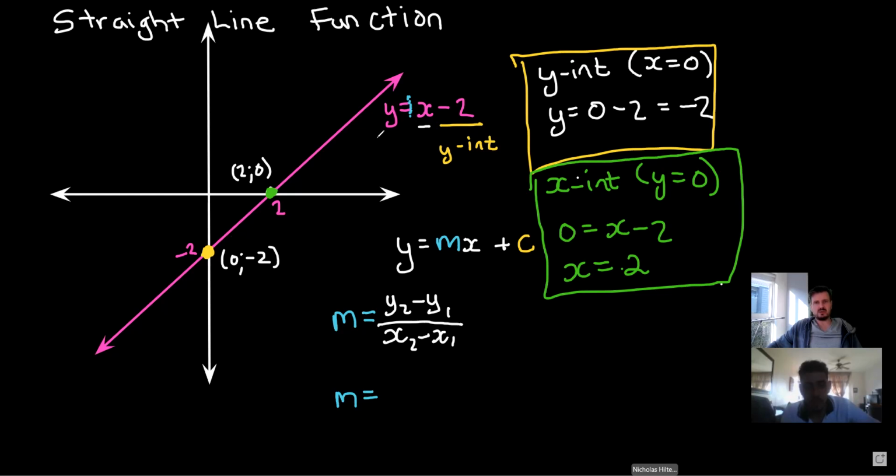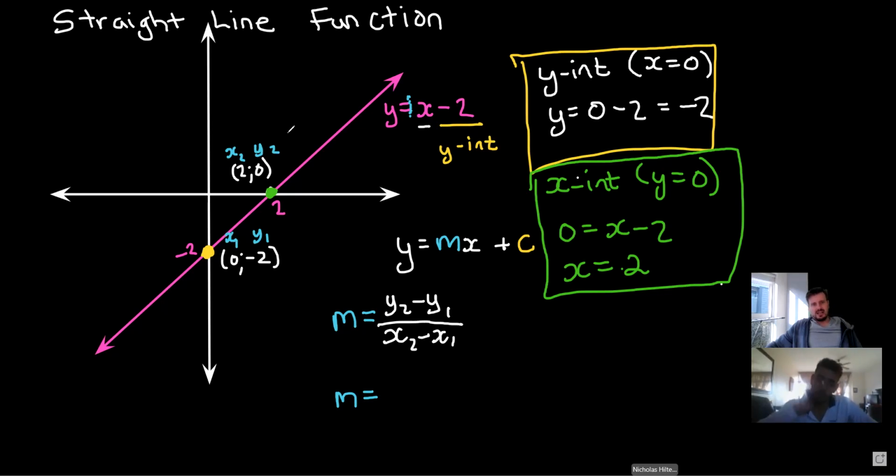We could work backwards to show that the gradient would be 1 by looking at these 2 points. If you weren't given this equation, but you were given 2 points, you could get the slope using y2 minus y1 over x2 minus x1.